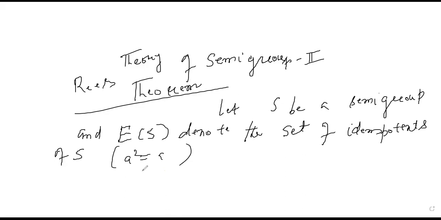If a squared is equal to a, then I say that a is an idempotent. These sort of elements are called idempotents of S.